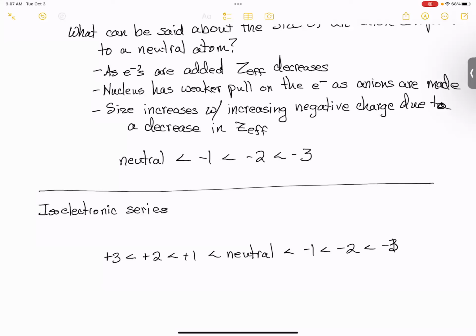This ends our discussion on trends. So let's talk about the trends. There was the atomic size. There was the ionization energy.